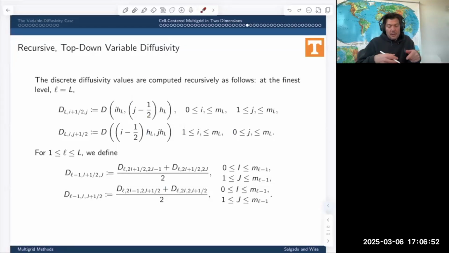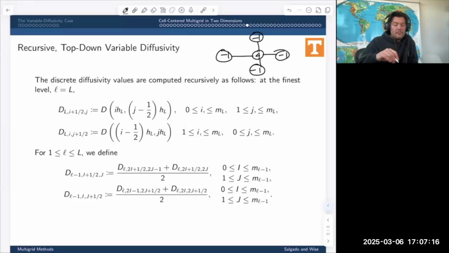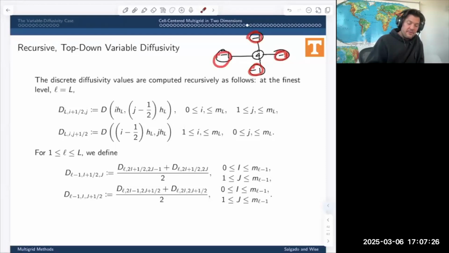Now this stencil is a whole lot more complicated than the typical 5-point stencil. Remember the 5-point stencil was 4, minus 1, minus 1, minus 1, minus 1. That's nice in a world where the diffusion coefficient is constant, but it gets a whole lot more complicated whenever it's non-constant. So we can still fill in these numbers, but each one of these numbers is going to depend in a complicated way on the diffusion coefficient.